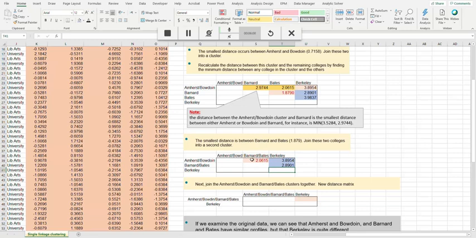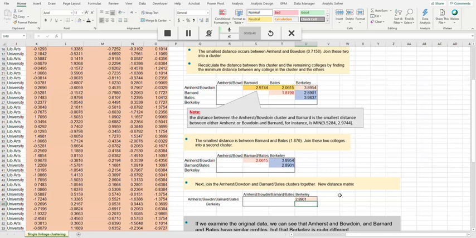It means that we can merge Bernard, Bates, Amherst, and Bowdoin into one cluster. So let's do that. We create a cluster that includes 4 universities, and then we look at the distance between these 4 and Berkeley. Amherst, Bowdoin, and Berkeley is 3.8. Bernard, Bates, and Berkeley is 2.8. So the minimum distance is 2.8. So we have created our clusters.